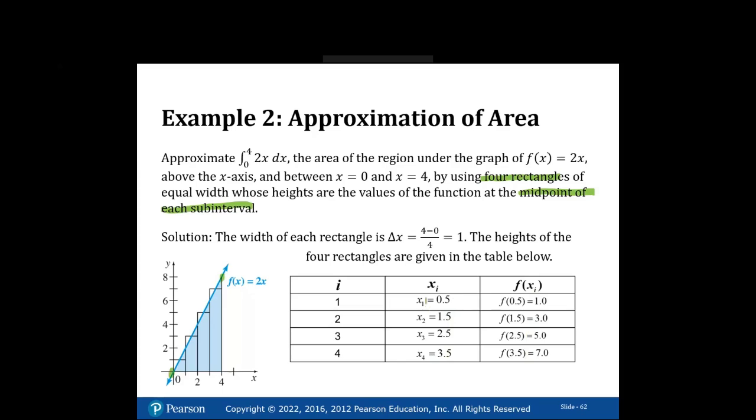So my first one is 0.5, because it's this dot here. And then the second one is 1.5. And then we have 2.5 and 3.5. Because I'm doing 4 rectangles, that's all I need. So making a chart makes it easy to have all the values you need ready, because now we're going to put it into the whole summation line.